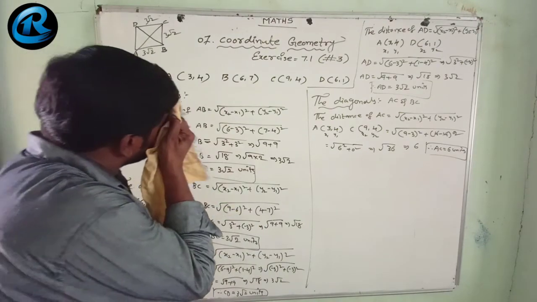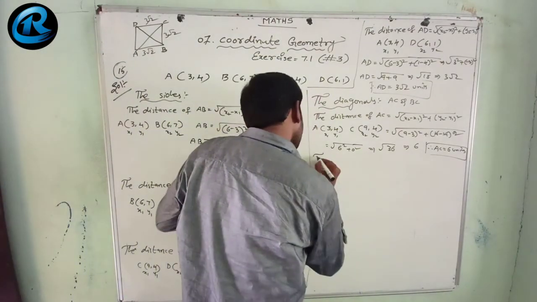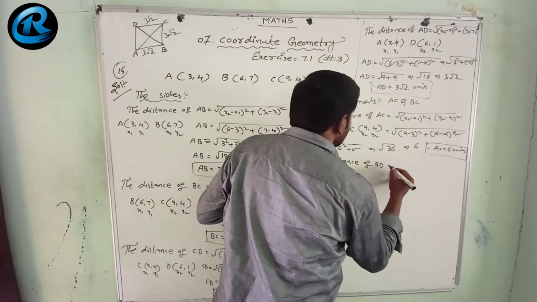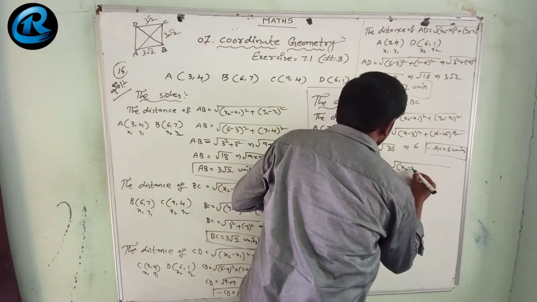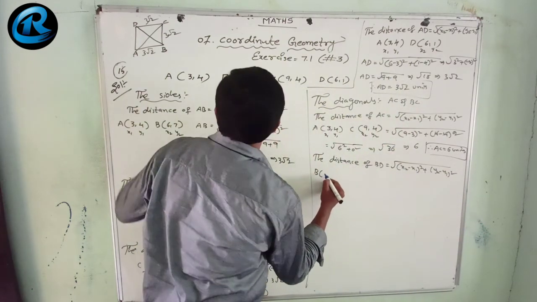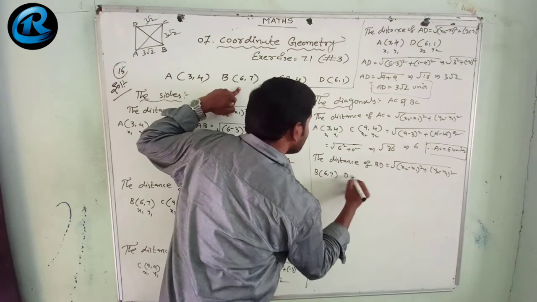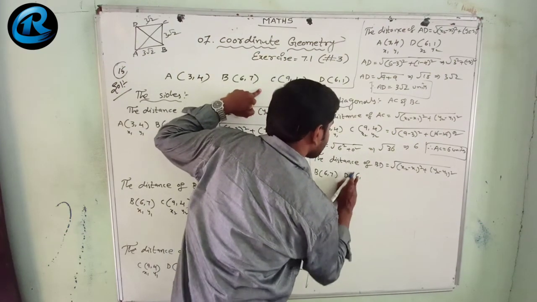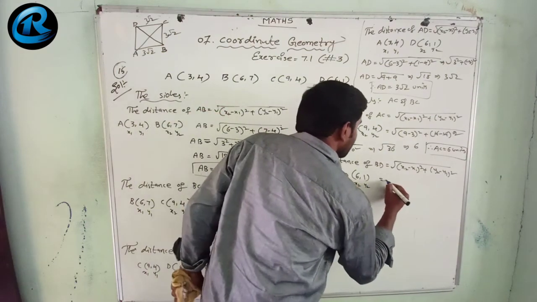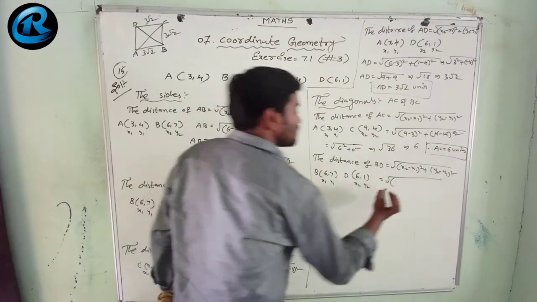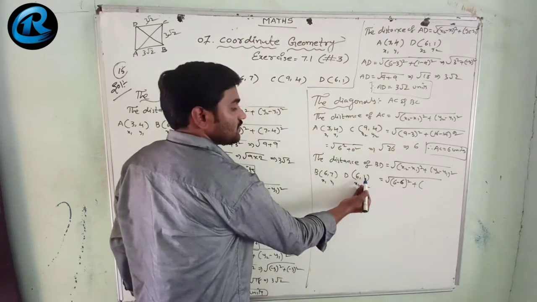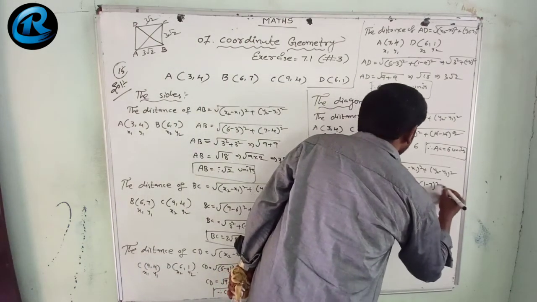Then let us find out the distance of BD. The distance of BD line segment is under root of x2 minus x1 whole square plus y2 minus y1 whole square, where B is the point 6 comma 7 and D is the point 6 comma 1. x1 y1 x2 y2, that equal to under root of 6 minus 6 whole square plus 1 minus 7 whole square.